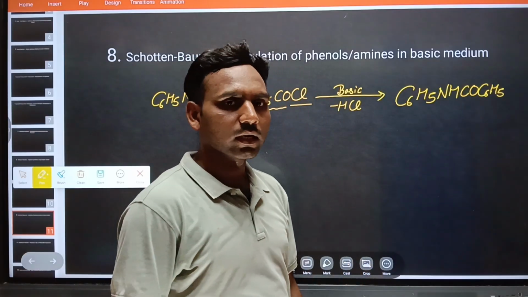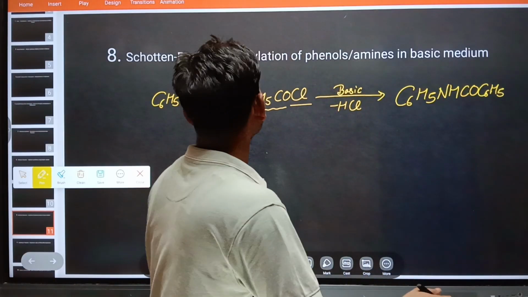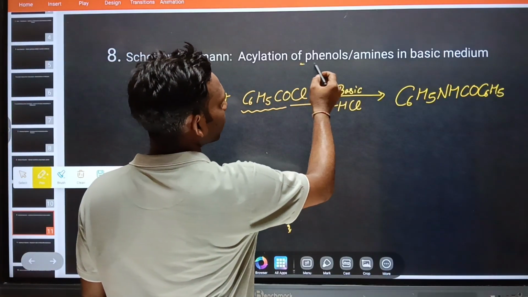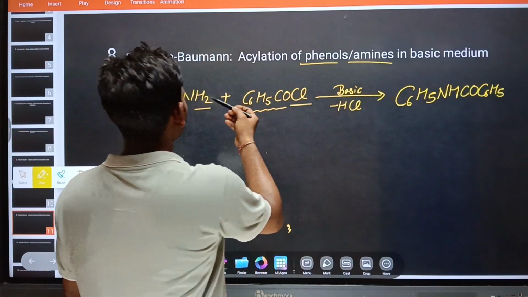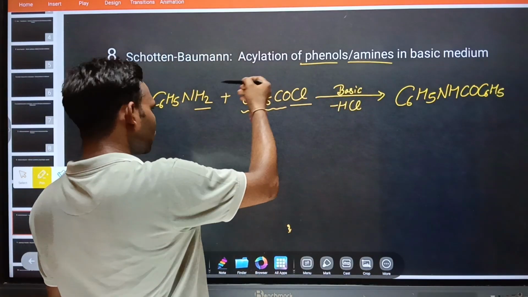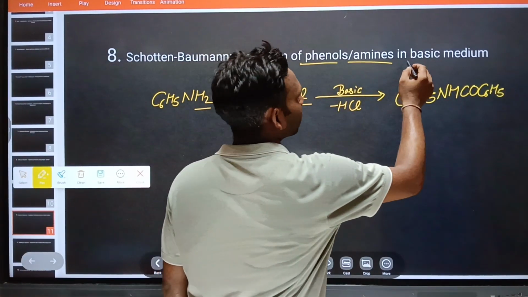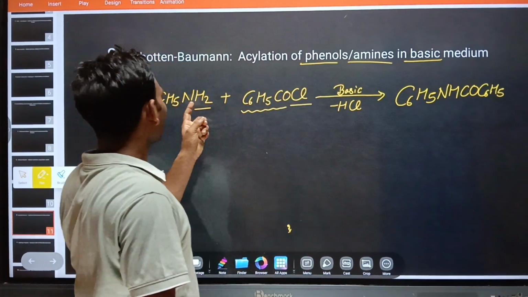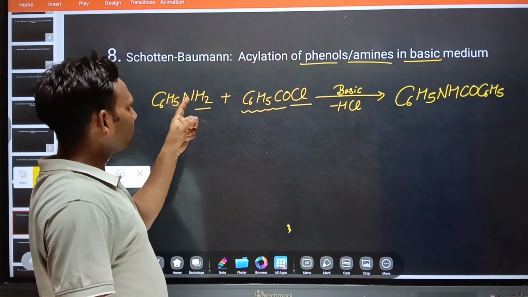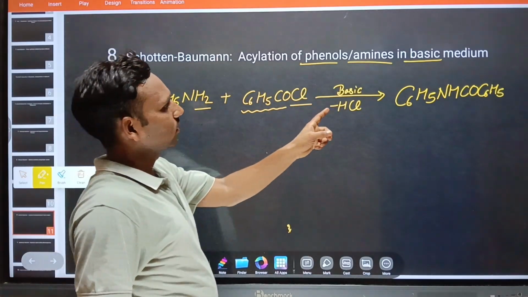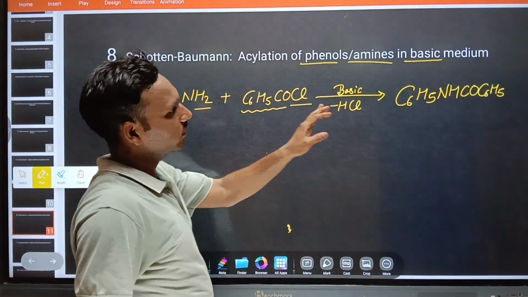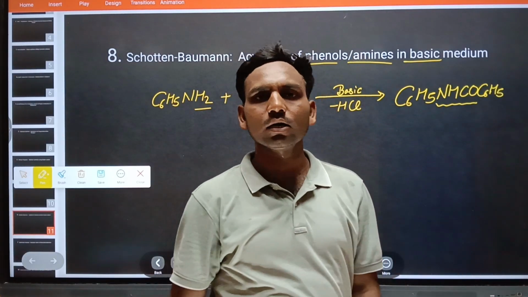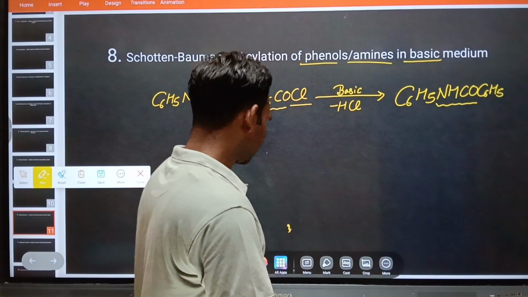The simple reaction, Schotten-Baumann reaction, is the acylation of phenols and amines. We take the amines, and also phenol, in the presence of basic medium. Amines NH2 group loses H, minus HCl, in the presence of basic medium, then forms the amide, NHCO, that's our amide group.